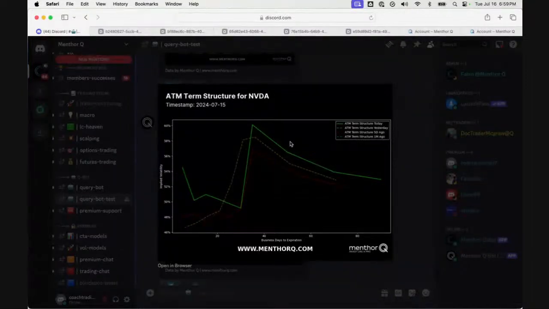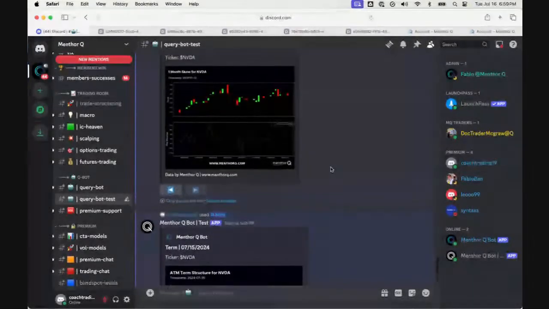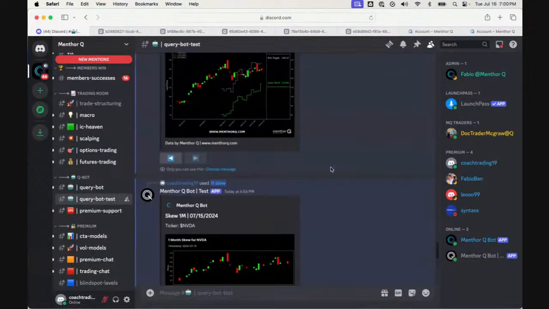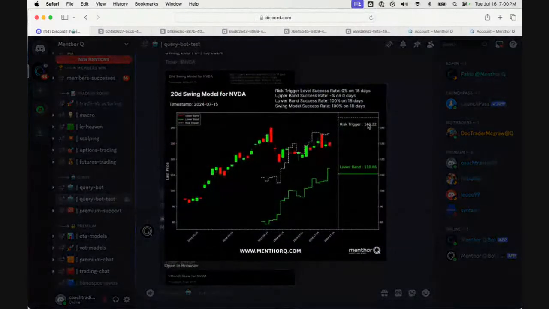So now if we put this together with earnings coming up and call demand, with the 30-day swing model pointing us towards 140-something on top on the 20-day, and about 137 on the 5-day, those would be targets.